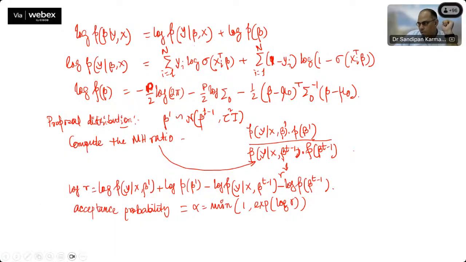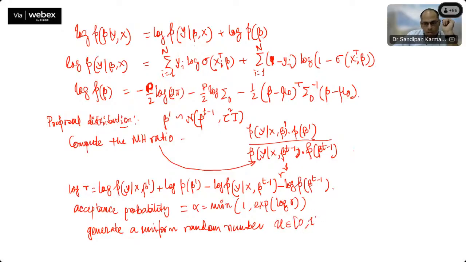So now how to accept or reject? Generate a uniform random number u, belonging to 0 comma 1.